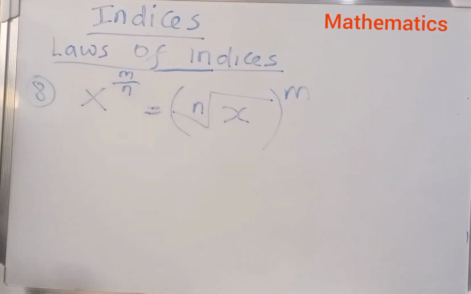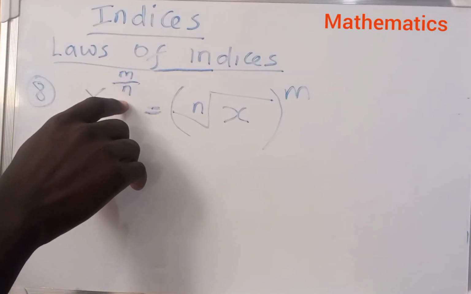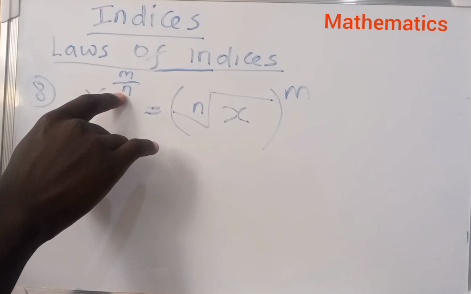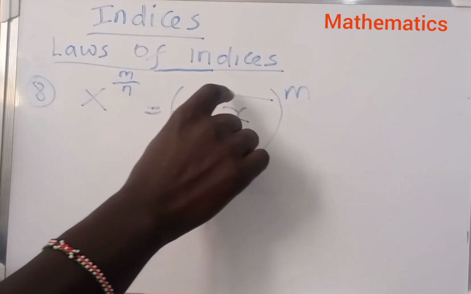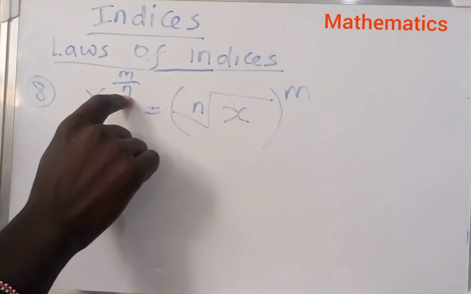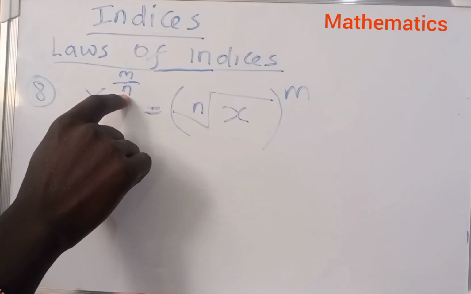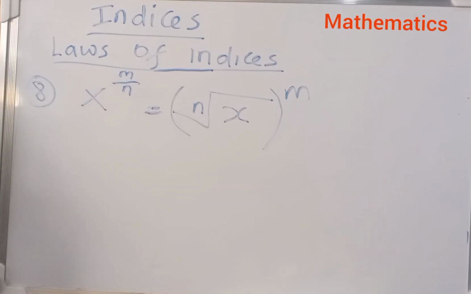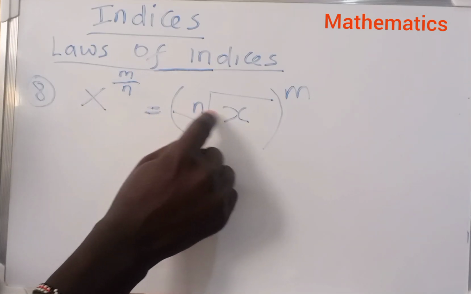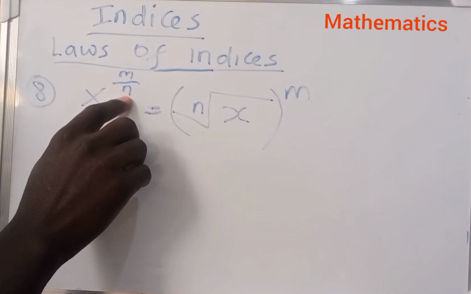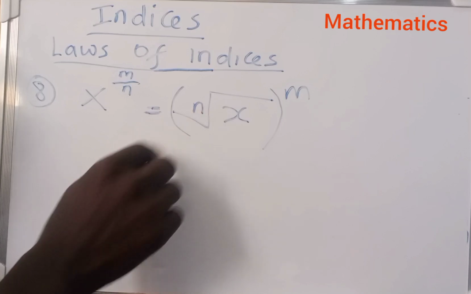So you first consider the integer that is on the denominator in the power. You will take it as the nth root if it is n, but if it is p, the p root.